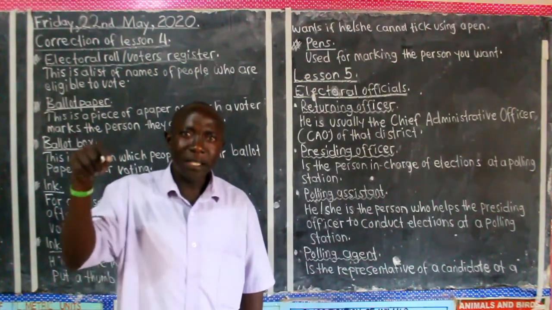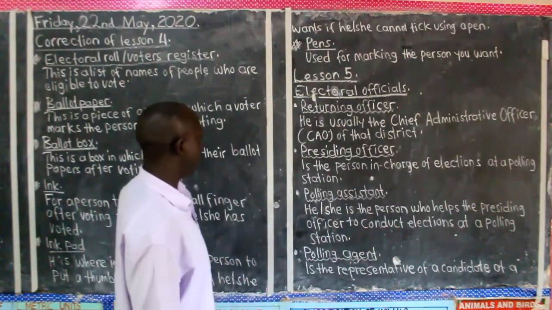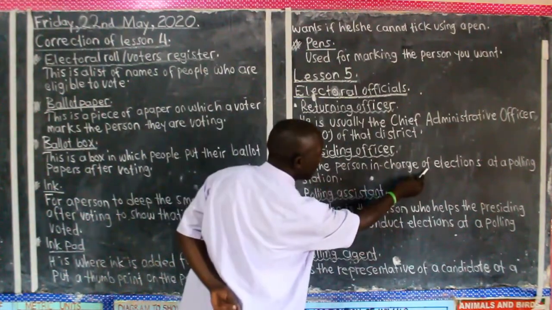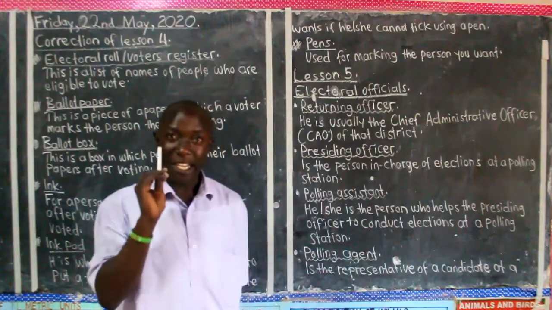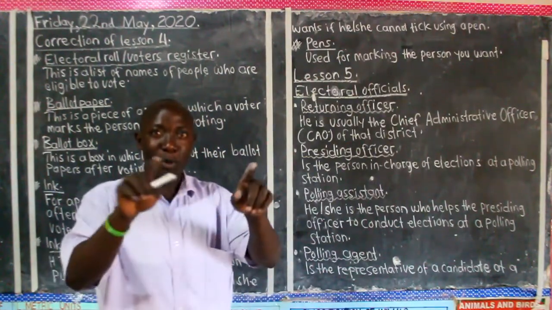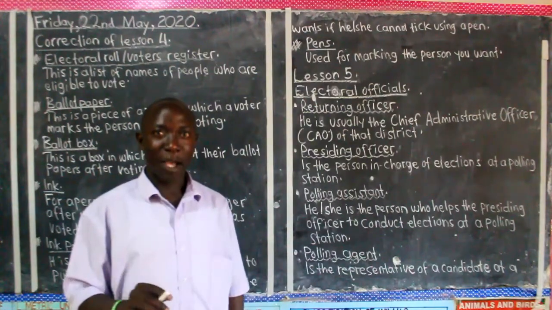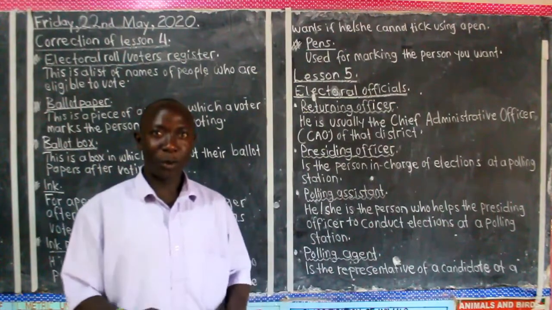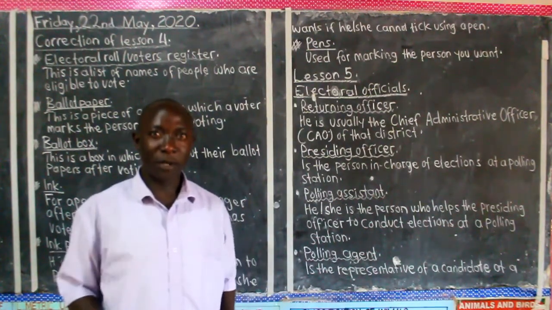In the voting district, then we have what we call the presiding officer. Is the person in charge of elections at a polling station. Remember, we defined what a polling station is: a place where elections take place, a place where voting takes place, a place where people vote from.